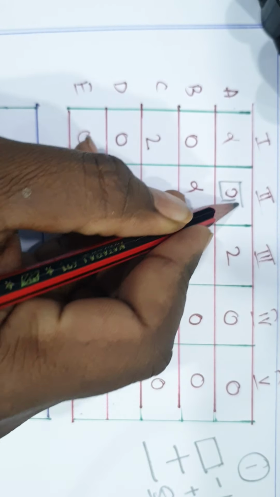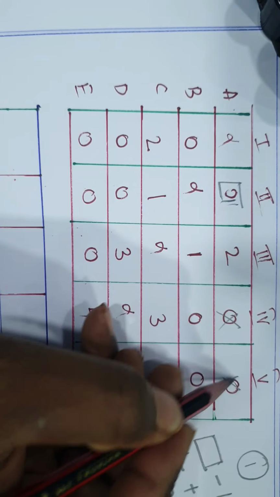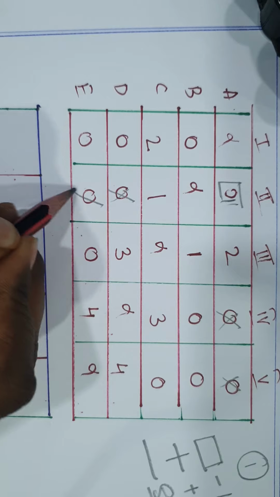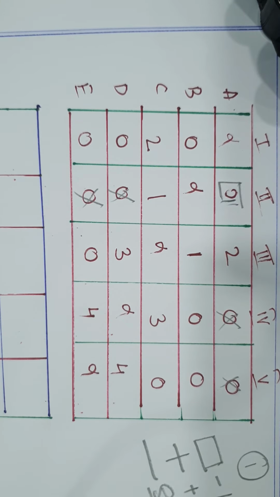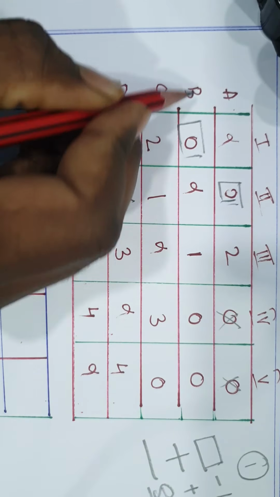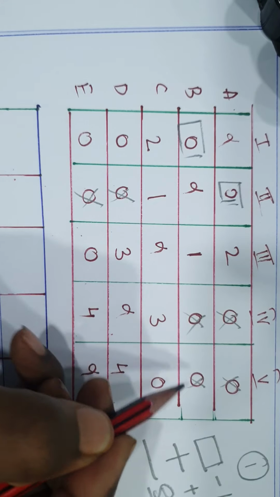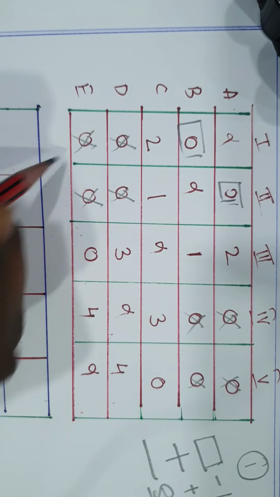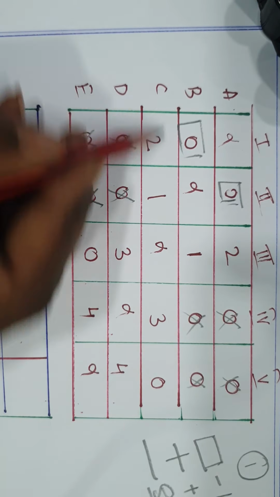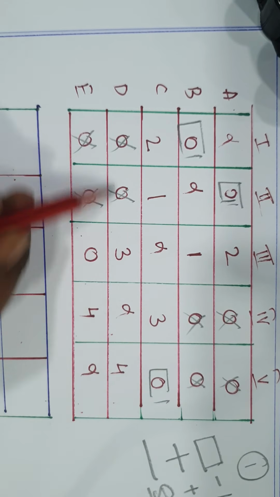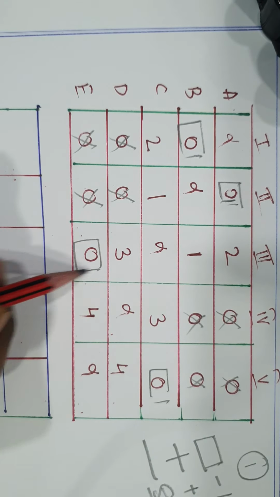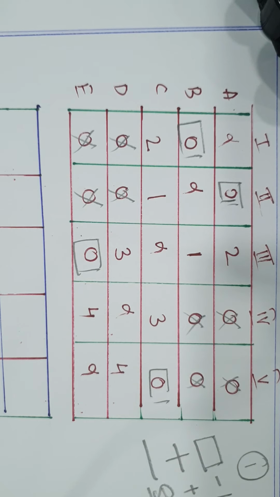In that row or in that column, 0 will get cancelled. Second, I am assigning here, so in that row or in that column will get cancelled. Third, I am assigning here. Fourth, I can't. Fifth, I can assign.